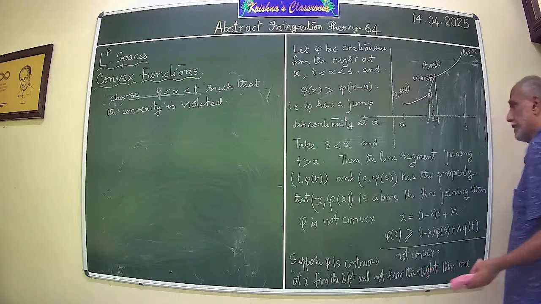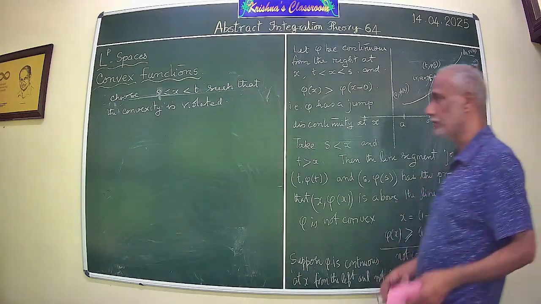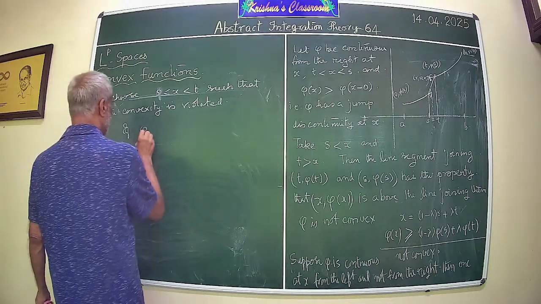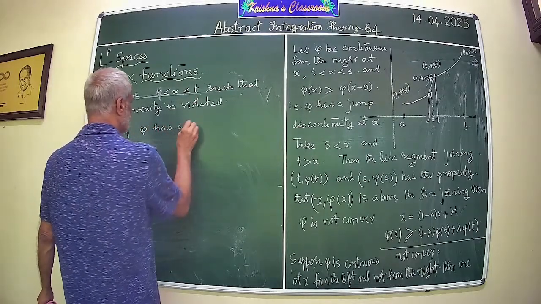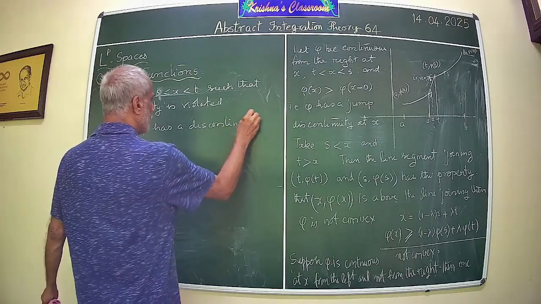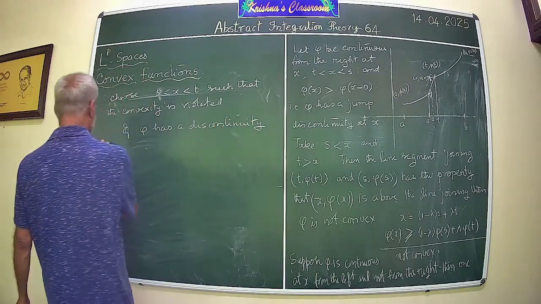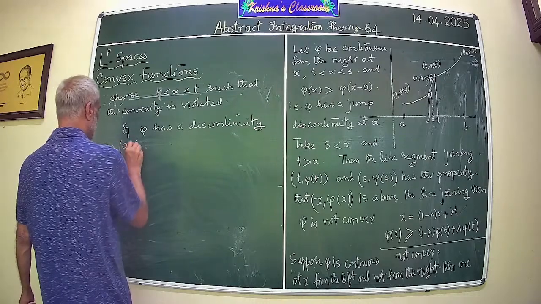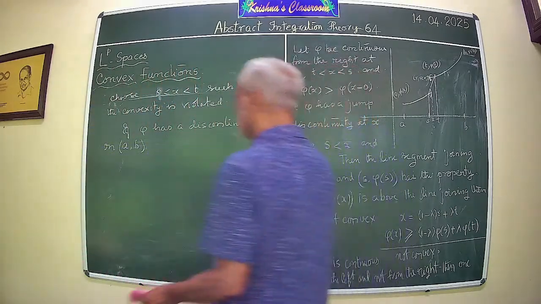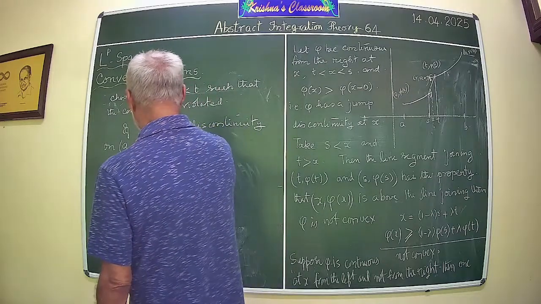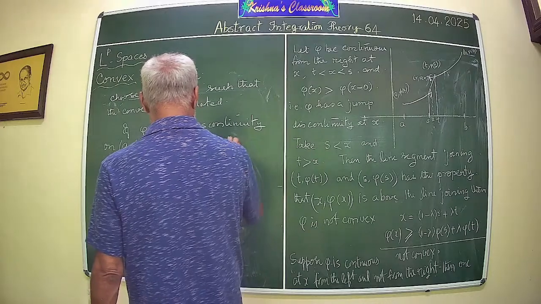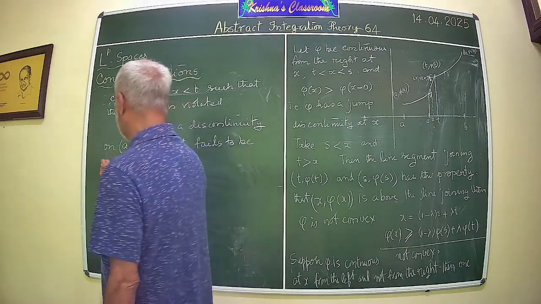So discontinuities in between: if phi has a discontinuity on the open interval AB, it fails to be convex.